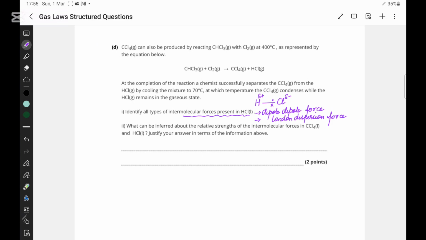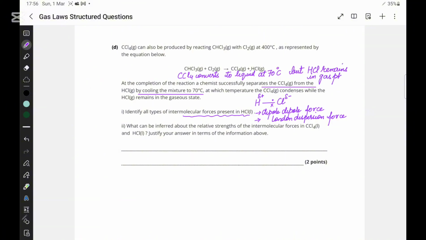In this question they are saying, what can be inferred from the relative strength of intermolecular force in CCl4 and HCl. They are saying that one separates the CCl4 gaseous state from the HCl by cooling the mixture to 70 degrees Celsius. So CCl4 converts to liquid at 70 degrees Celsius, but HCl remains in the gas phase.